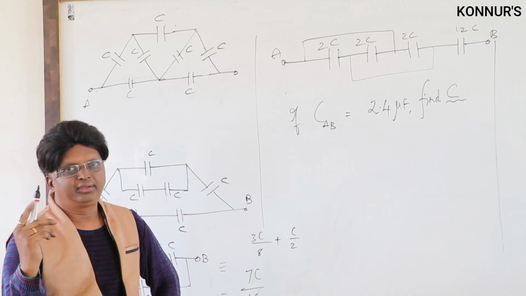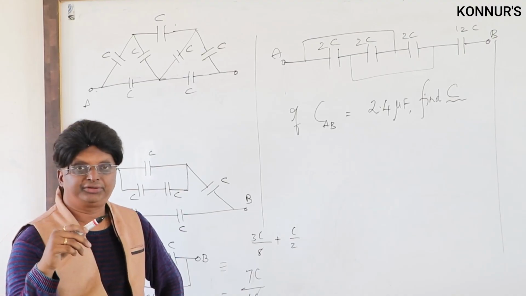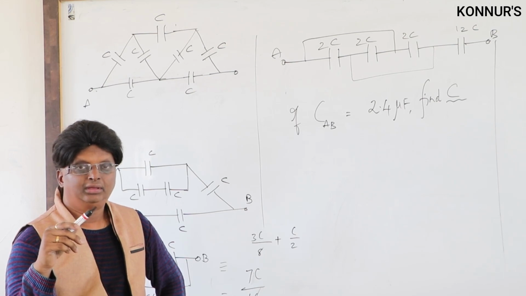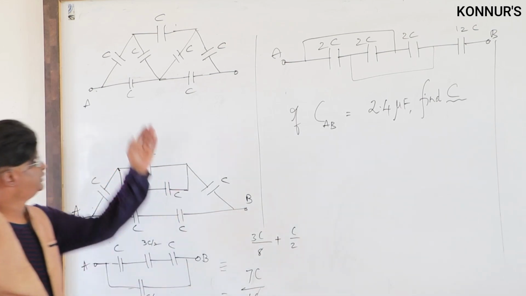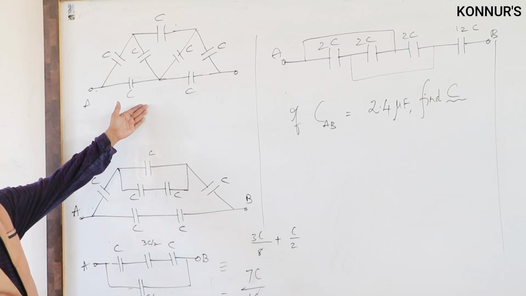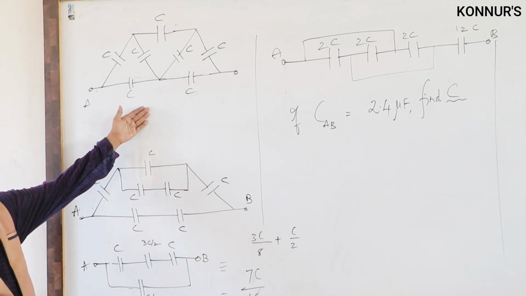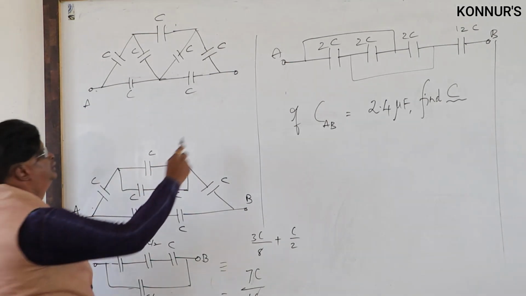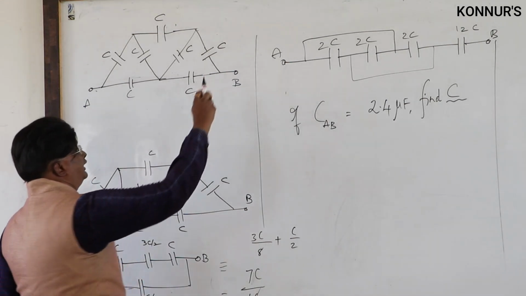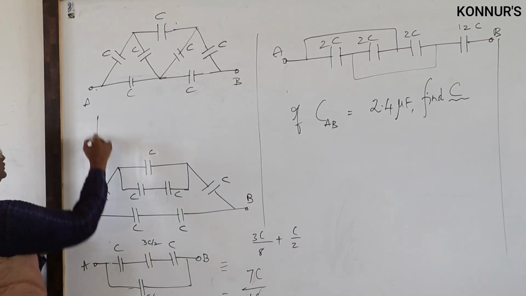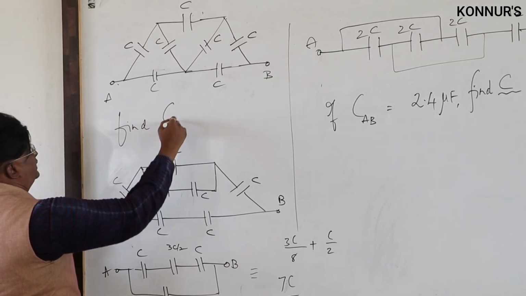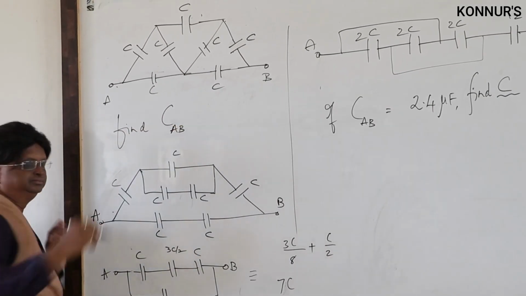Okay. One more interesting case in capacitor networks. Here we use one principle. Look at the given circuit diagram. We have shown a total of 7 identical capacitors between open terminals A, B. Now the question is, find the effective capacity across AB.